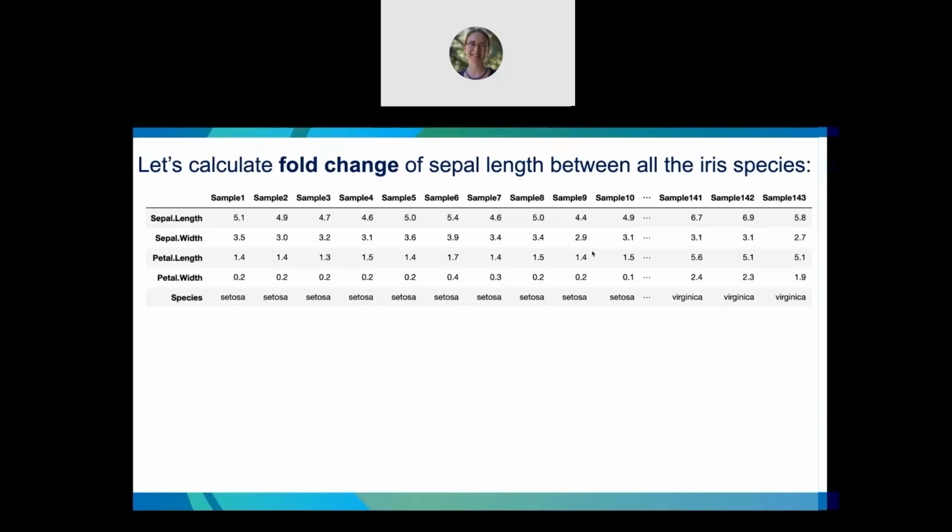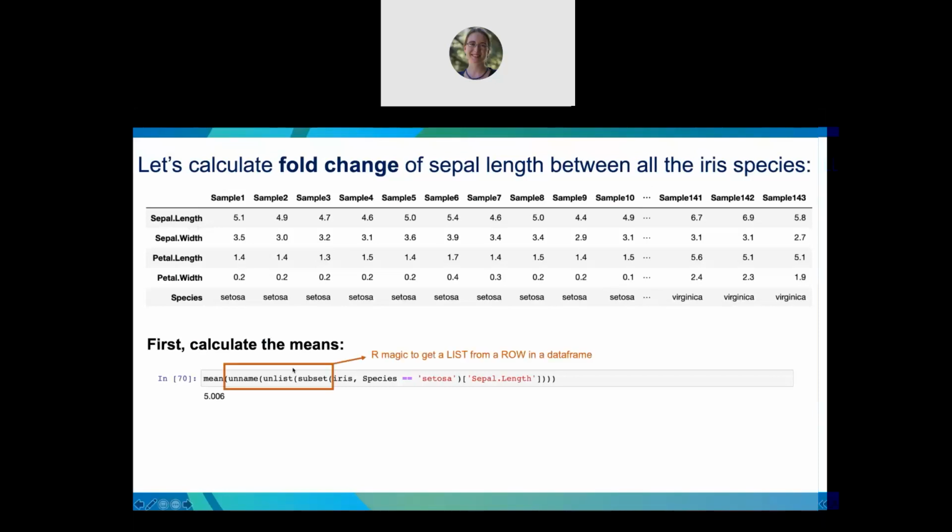Here I'm showing what it looks like if you view the entire iris data set in an R Jupyter notebook. You'll notice that there's some ellipsis here because Jupyter didn't want to print out all of the data. If we want to calculate fold change just of the sepal length between all the iris species, first we want to calculate the means.